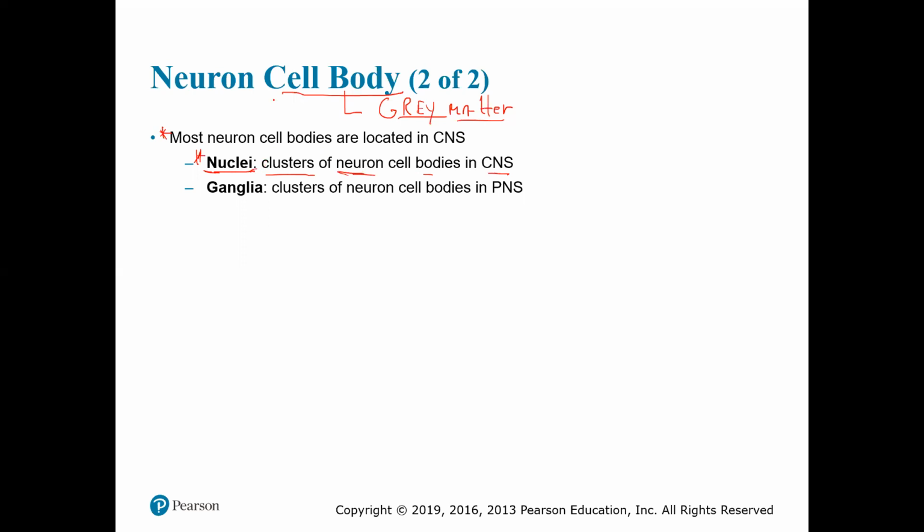Like you'll hear of a name deep in the cerebrum called the basal nuclei, and those are cell bodies that are part of neurons that create and secrete a neurotransmitter called dopamine. So it's important when we get to the CNS that you know nuclei, we're not talking about the cell nucleus, we're talking about the cluster of neuronal cell bodies.